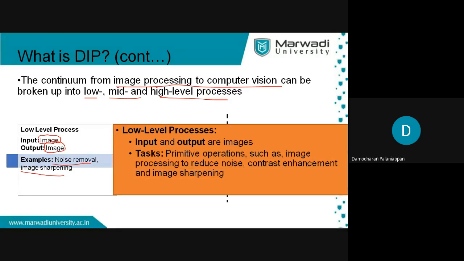It includes reducing the noise, contrast enhancement, image sharpening. For this, there is no need for a separate tool. In the Word document itself, there is an option to increase the contrast, reduce the noise, and sharpen the image. Everything is a built-in function in Word.